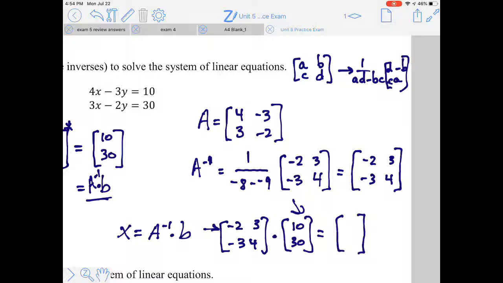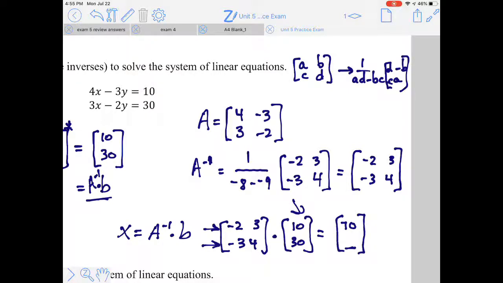So that's 70. And this entry is row 2, so it's negative 30 plus 120. That's 90.